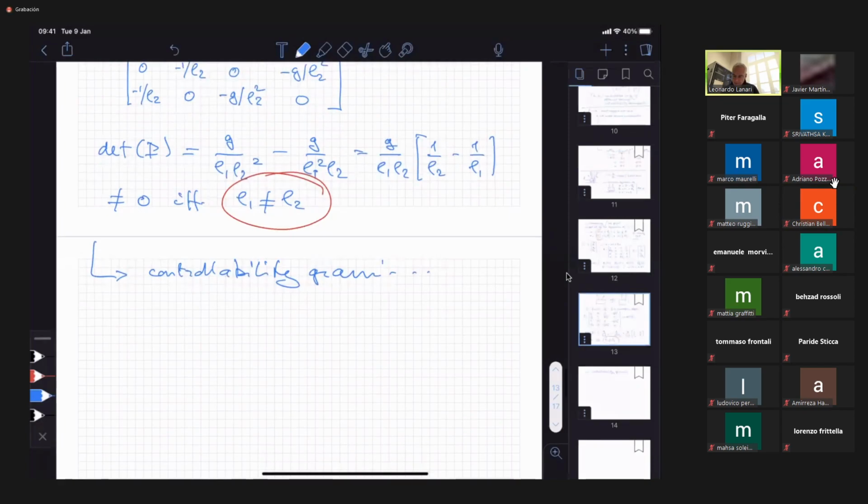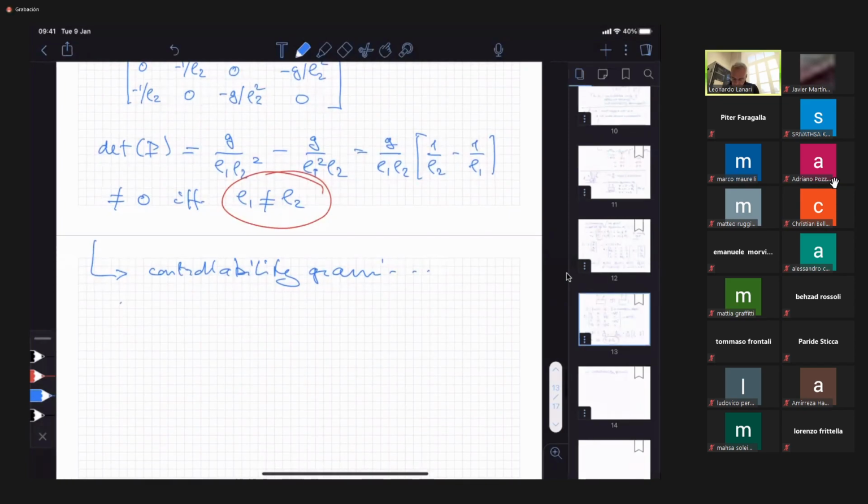So now we see that this is an existence result. Theoretically, we have that such an input exists, but the result is local, because we are doing this analysis on the linear approximation, okay?